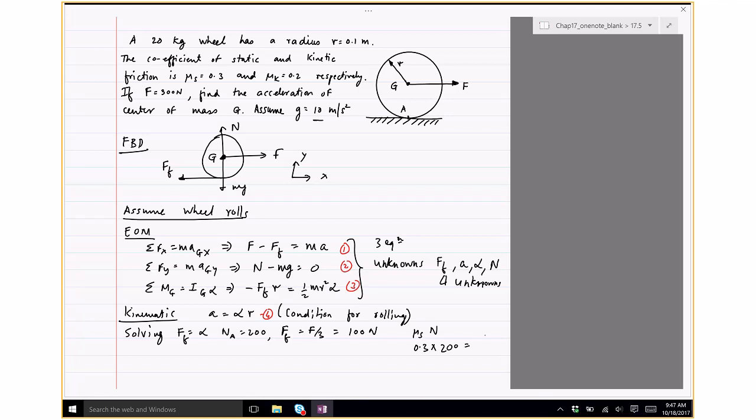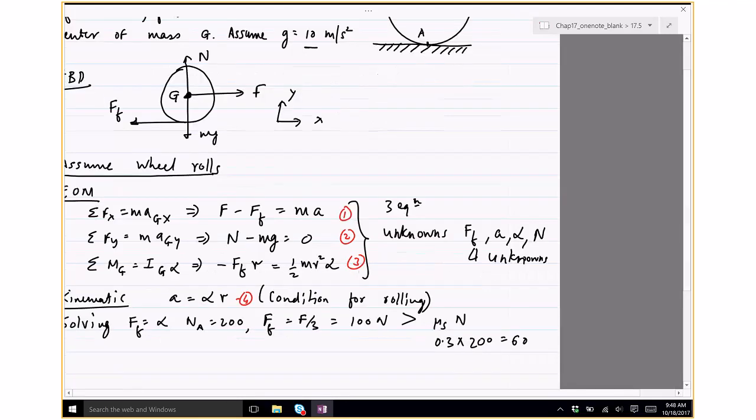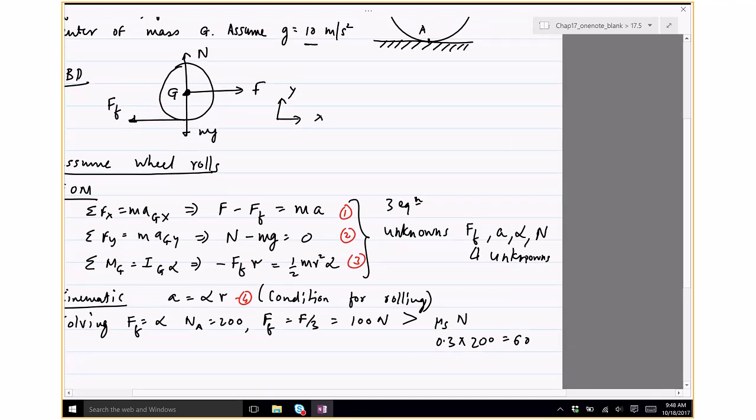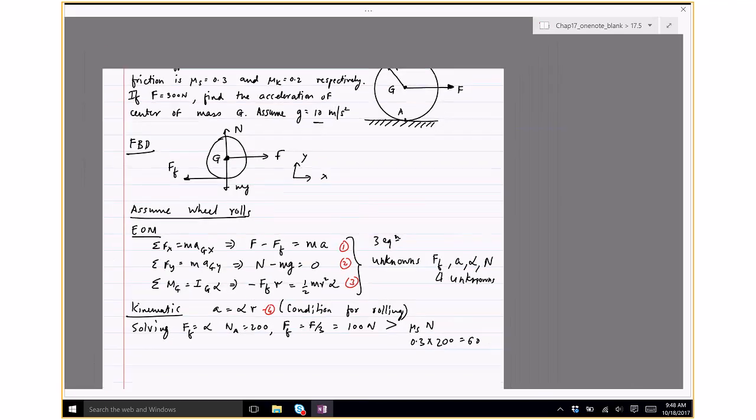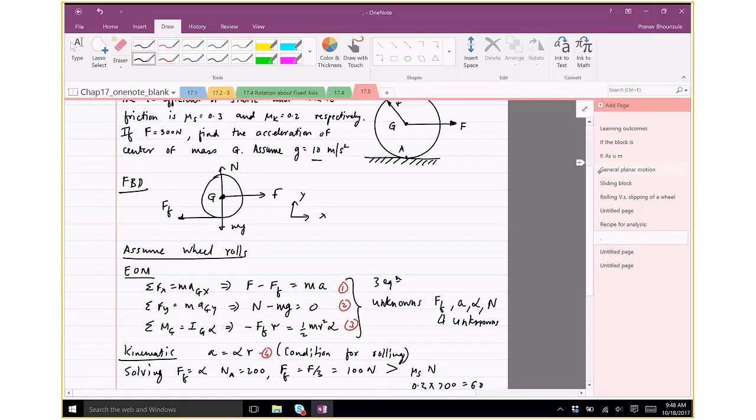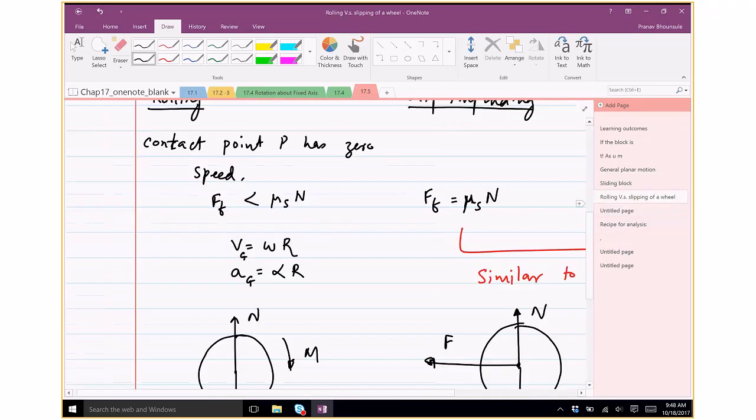Sorry, 60. Okay, so 100 is greater than 60. What it's saying is that the friction force is greater than mu_s times N. The condition for rolling is that the friction force should be less than mu_s N. What I got is friction force greater than mu_s N, or 100 greater than 60, which means it is not rolling. So my assumption was wrong.